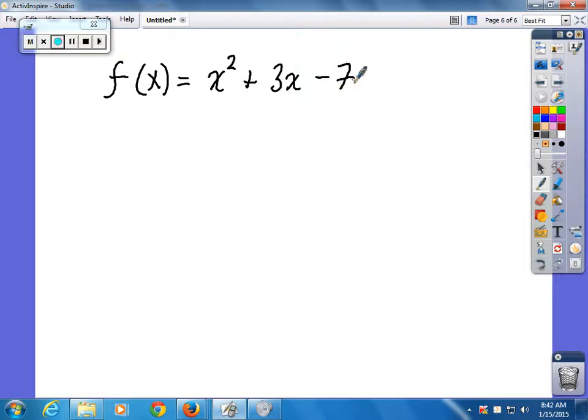And I want all of you to tell me what that is. I want you to sketch it, and say what kind of parabola it is. And I want you to find a point and find the slope of the tangent line at that point. So in other words, you're going to have to do everything I just did. I'll give you a couple of minutes to work on that.